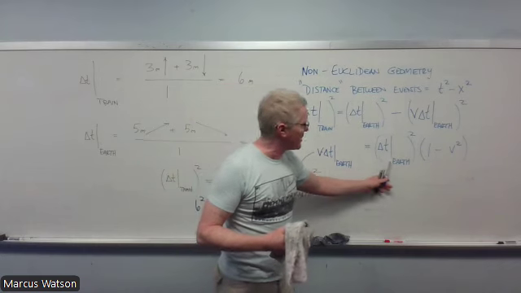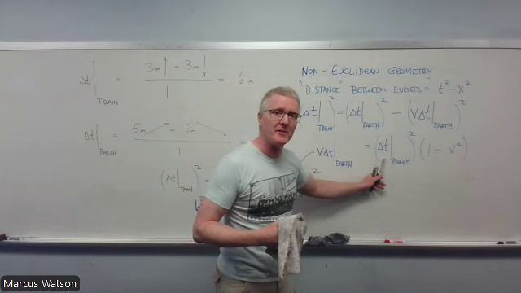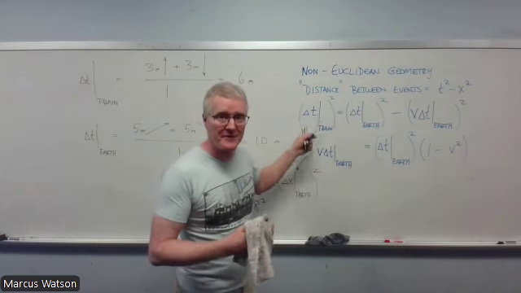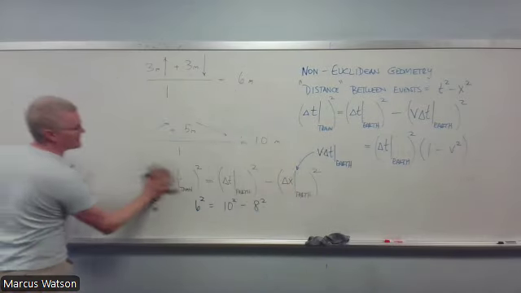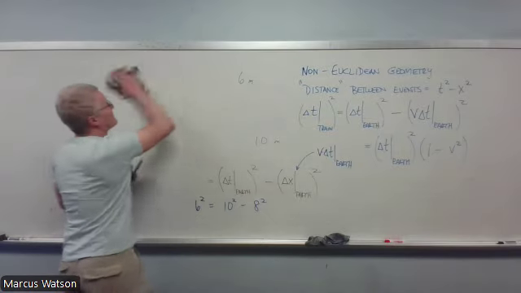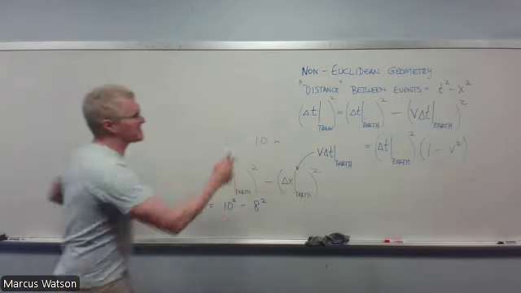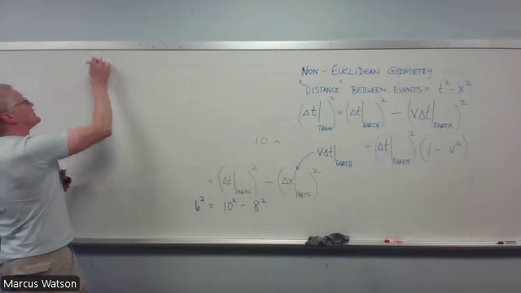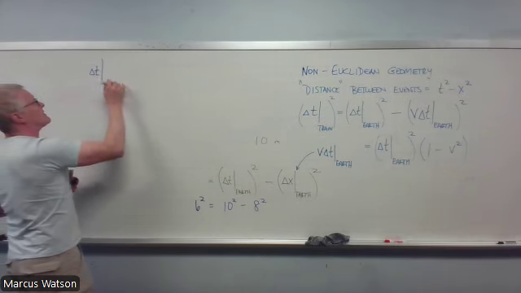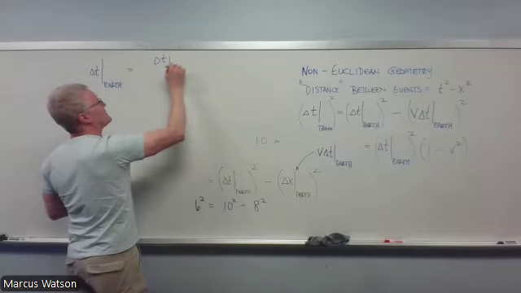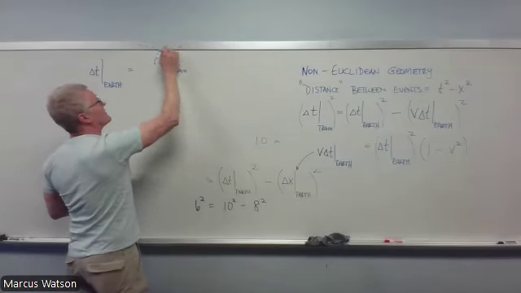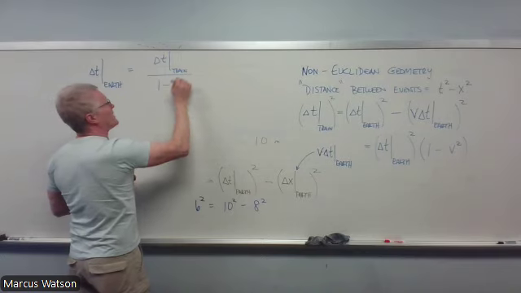I'm going to solve for what the delta t on the Earth is going to be if I know what delta t on the train is. All right? If I do that, then I get delta t Earth is equal to delta t train, like that, divided by 1 minus v squared.